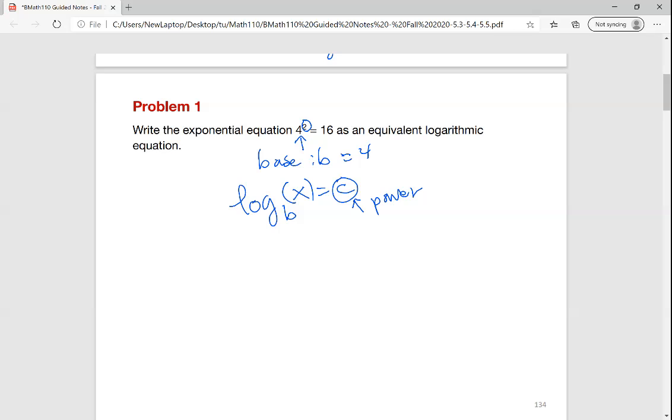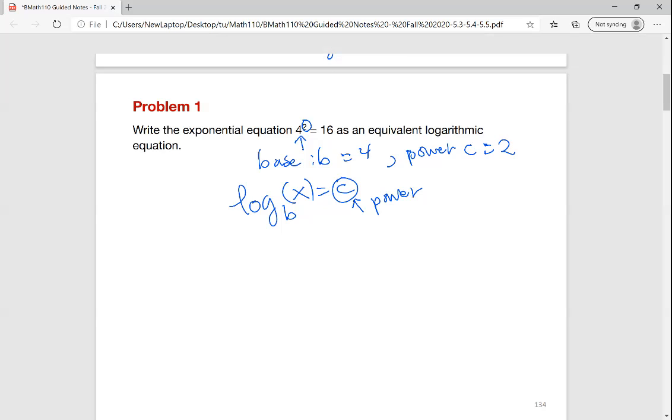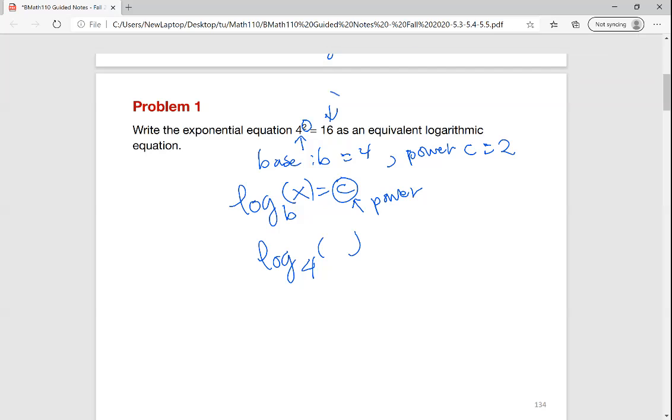So I now can say log base 4, and the argument in here should be equal to 16, so that x is 16, and that is going to give me 2. See that?